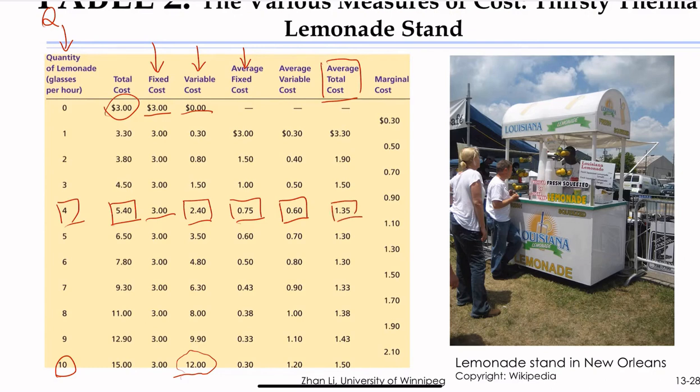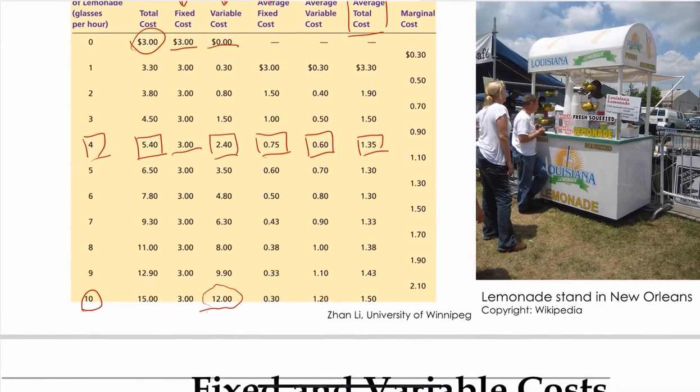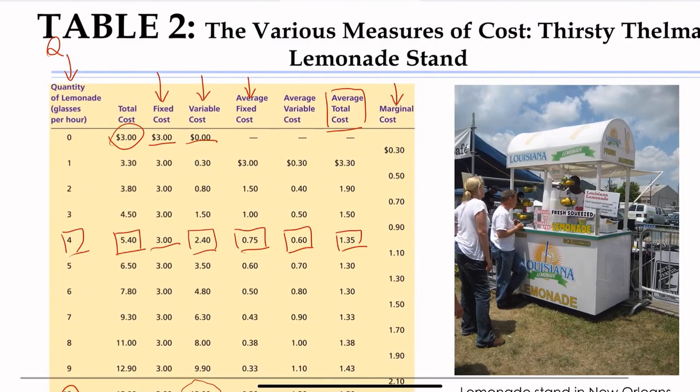Now let's see how we could calculate the last column, marginal cost. So how do you find out this 0.5? Well, you can see that as you increase your output from 1 to 2, the total cost increases from 3.3 to 3.8.